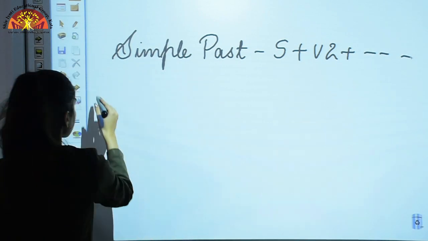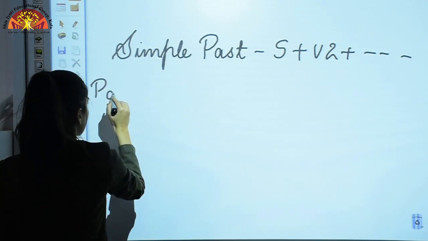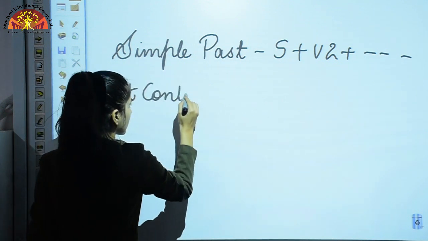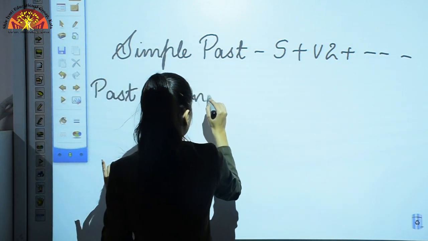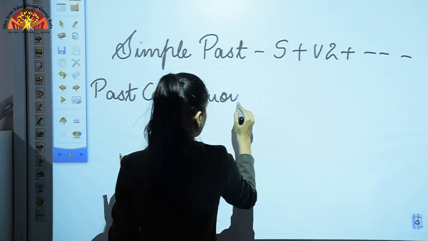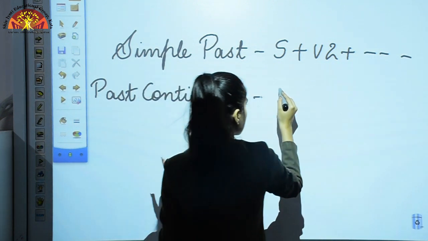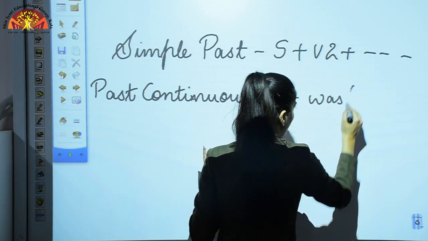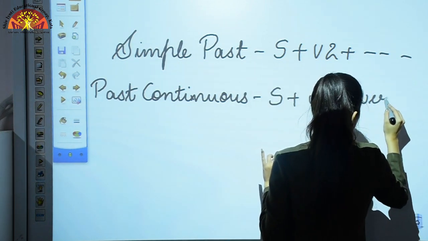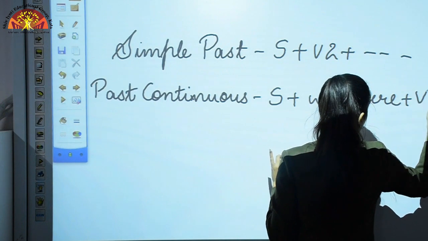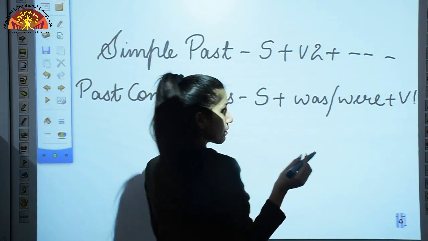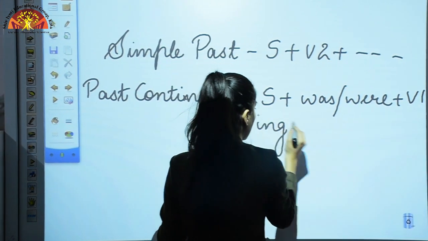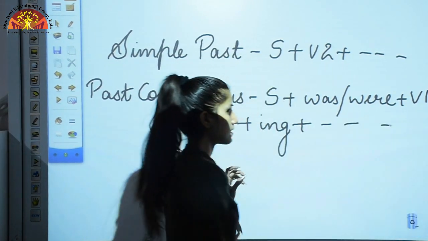And for past continuous it is subject plus was or were plus V1, that is the main form of the verb, plus ing and plus the rest of the sentence.